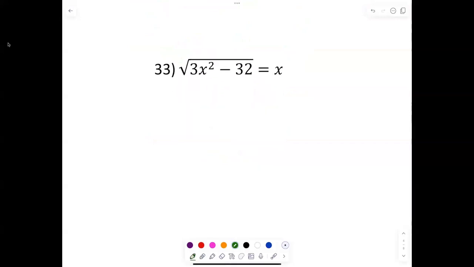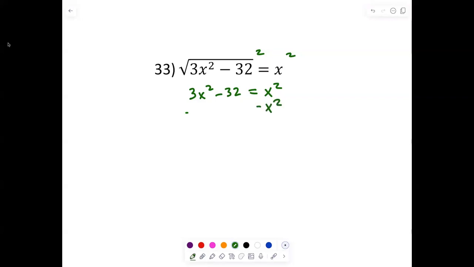All right, here we go. 33. What do I have to do to both sides? Square them. So 3x squared minus 32 equals x squared. This one isn't so bad. You also, repeat the question on 35. What? 33 and 35 are the same question. Thank you for that. All right. Now move the x squared.